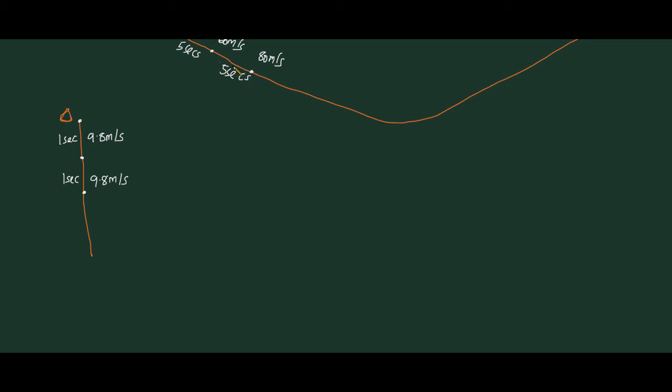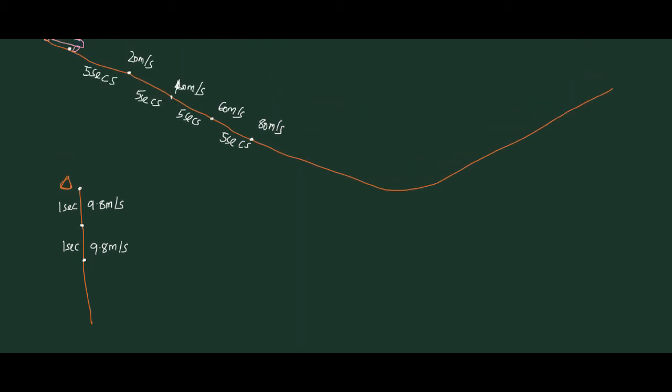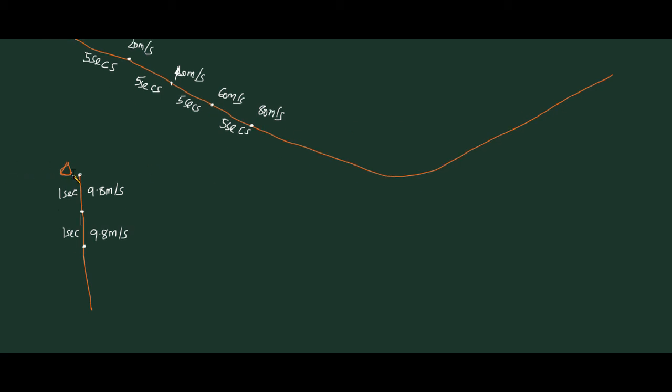Like the skate ramp, if we subtract to get the change, it will give us 20 meters per second. So this is the same case for a water drop or raindrop falling from a particular height.